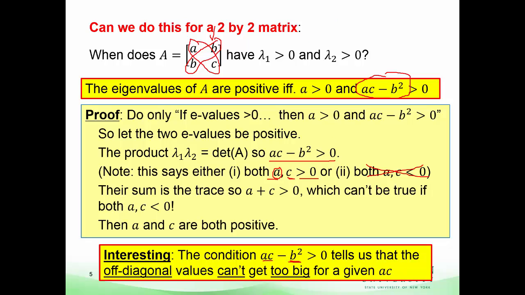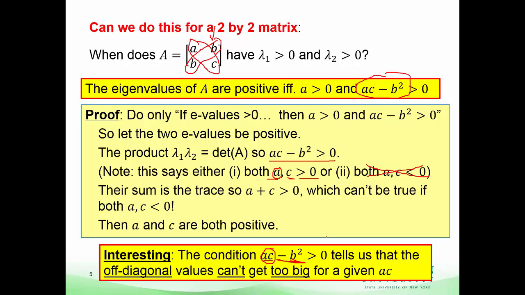Because if you pick an A and a C, now there's going to be some limit as to how big you can make B. B has to be smaller than the square root of AC. So that's kind of cool. And we'll see that idea carries through.